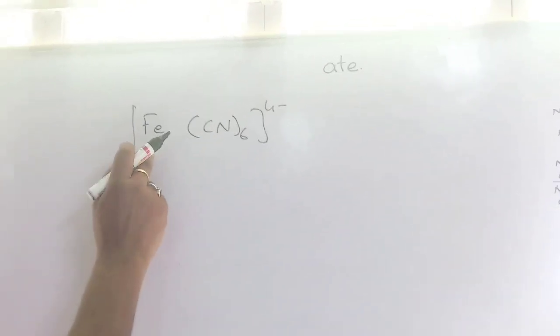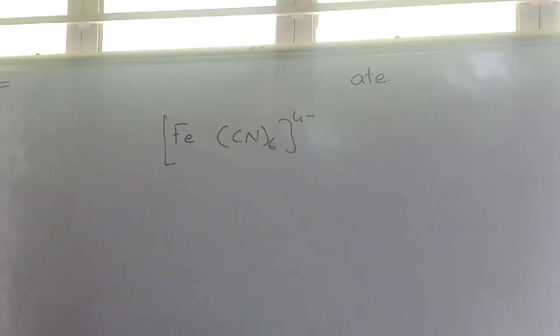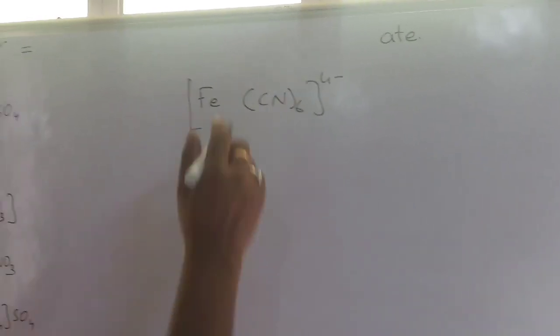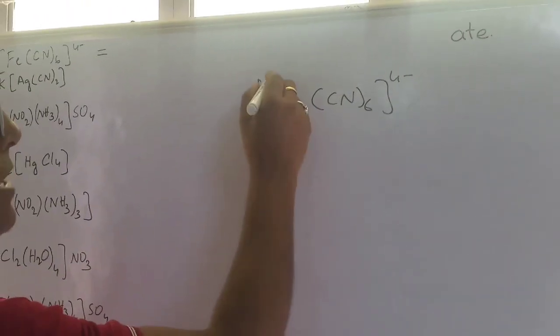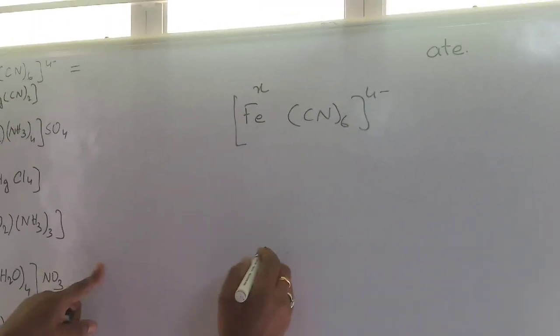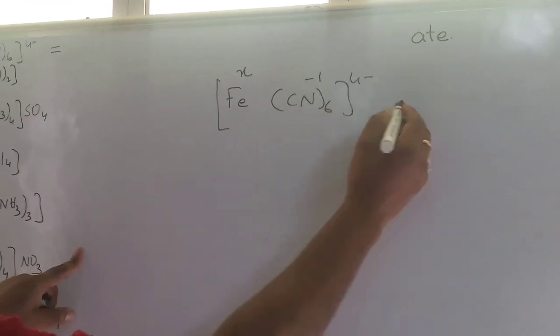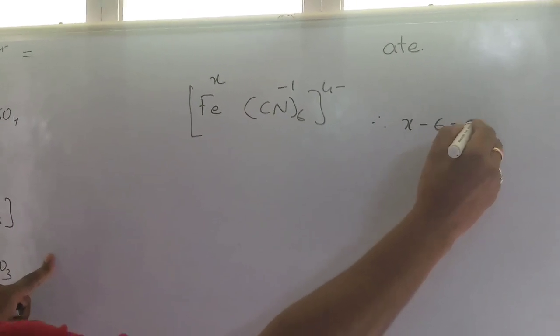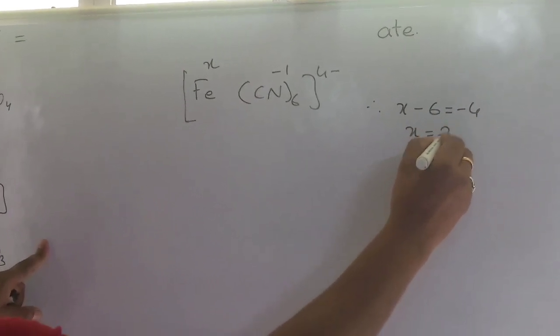The first thing to do is to calculate the oxidation number of the metal as X, and cyanide is minus 1. So X minus 6 equals minus 4, X equals 2.